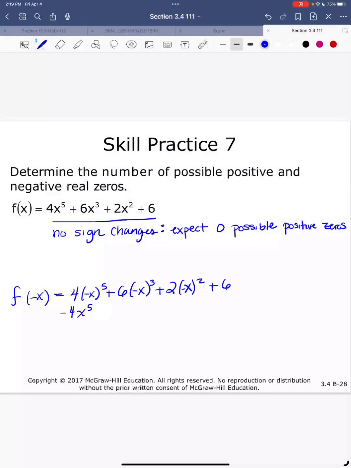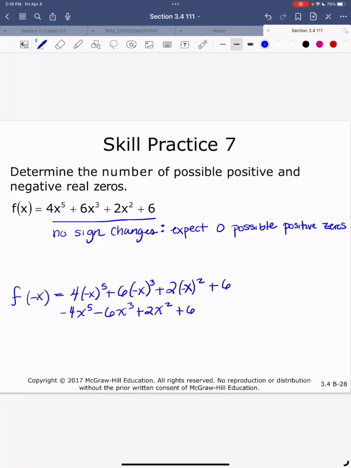So it's really still going to be a negative x to the 5th, but I'm pulling that negative to the front. Similarly, I'd have minus 6x cubed because 3 is odd. But here I get to have plus 2x squared because negative x times negative x is x squared. And then I have my plus 6.